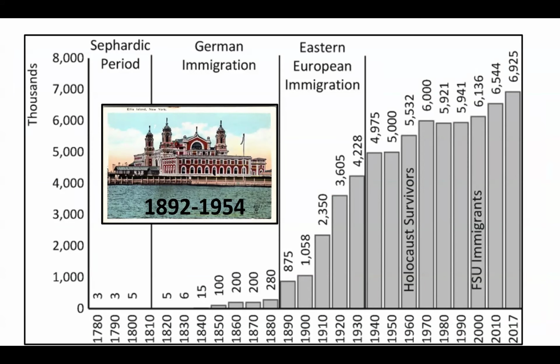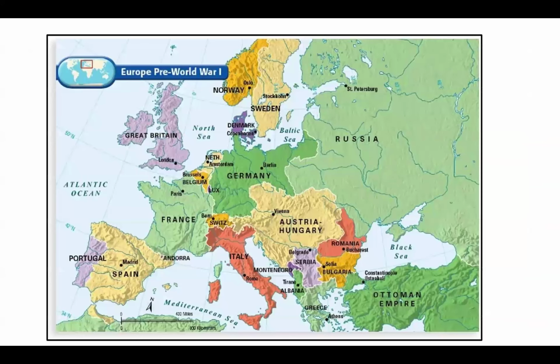Now, if you look at the Eastern European immigration, we see that immigration was skyrocketing as people went through the Ellis Island Immigration Center. And once again, this growth of huge numbers of Jews coming into the United States continued and continues until today.